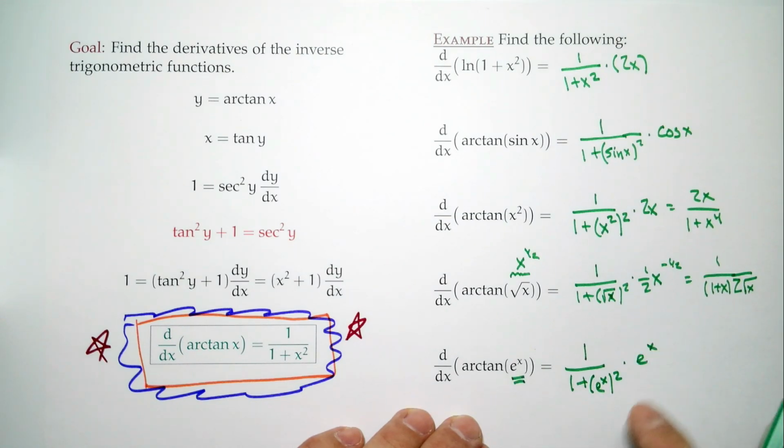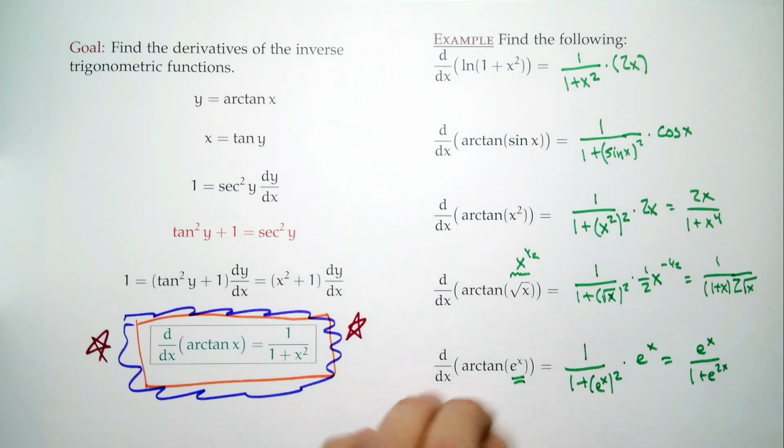You notice this 1 plus e to the x squared is also the same as 1 plus e to the 2x. But we're not taking the derivative of e to the 2x, it's the derivative of e to the x. So remember what's on the inside. It was like the problem we started off with. Pay attention. What's the inside part? Because that's going to be important.